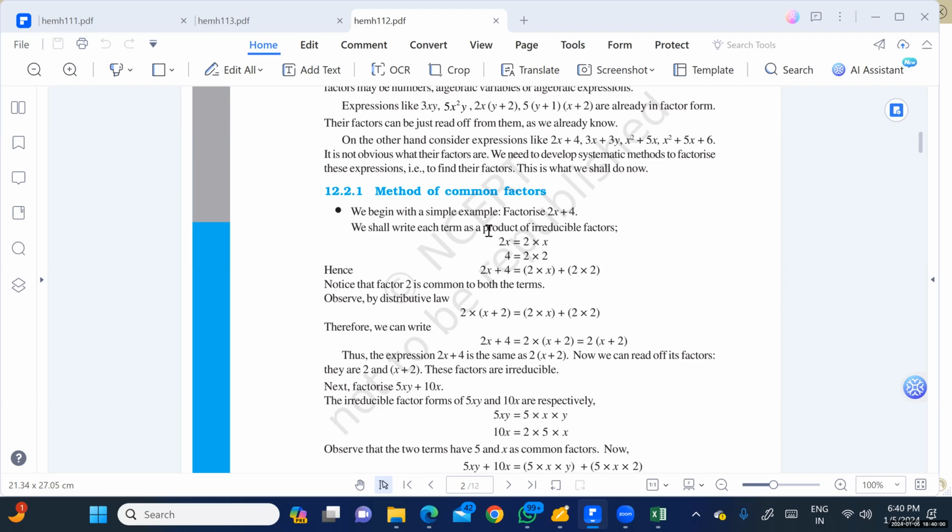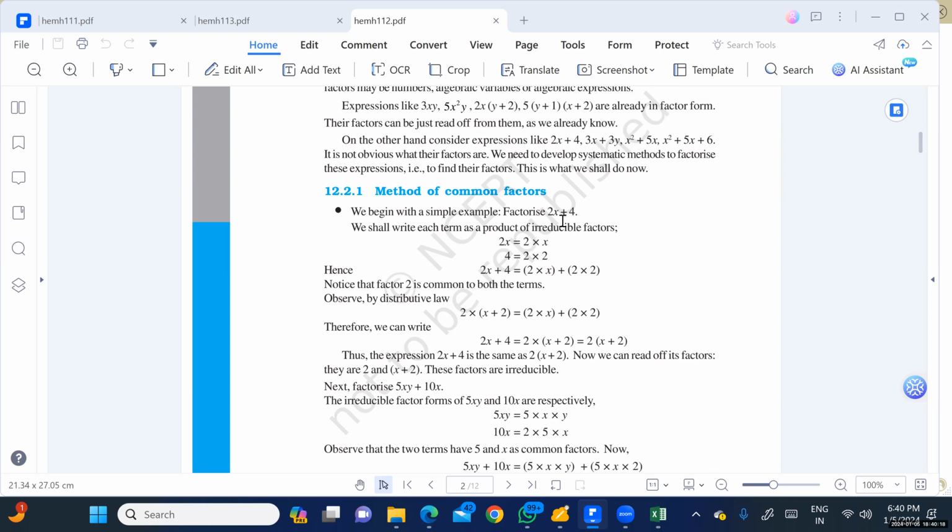We begin with a simple example: factorize 2x plus 4. Let's see how this is going to be done. We should write each term as a product of irreducible factors.